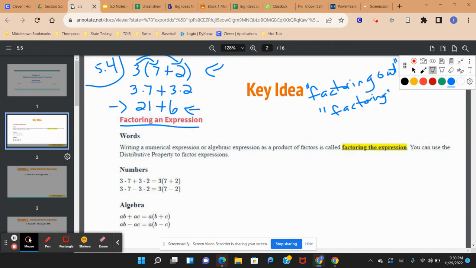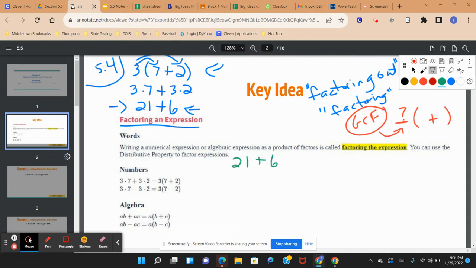If you hear these two expressions, it actually means you need to find your GCF. It actually means the number that is on the outside of the parentheses, this part right here, because this is your GCF.